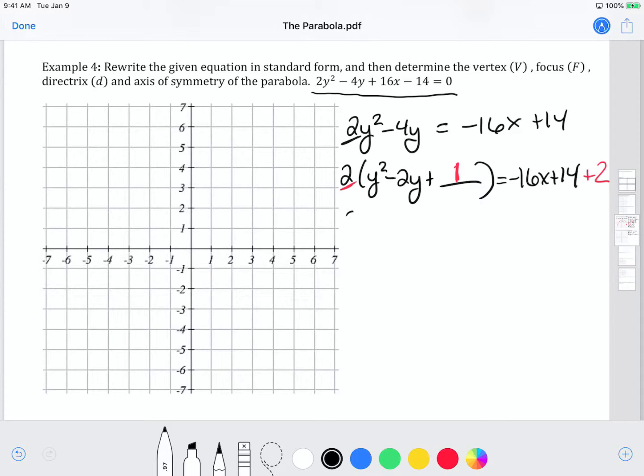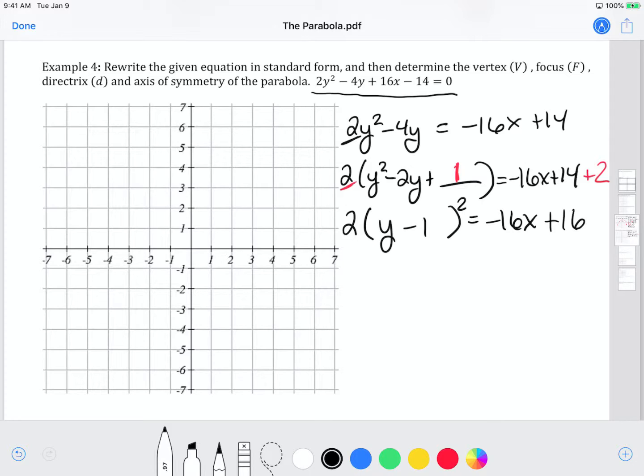So now I have y squared minus 2y plus 1, which can be factored as y minus 1 times y minus 1, which we can write as y minus 1 squared. And then negative 16x, and then the 14 and the 2 gives me a 16. So I have a negative 16x and a plus 16 on the right-hand side.